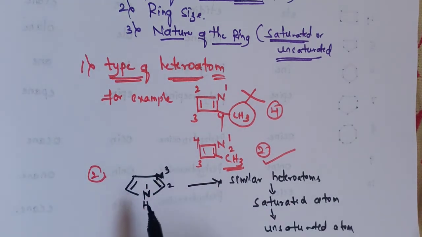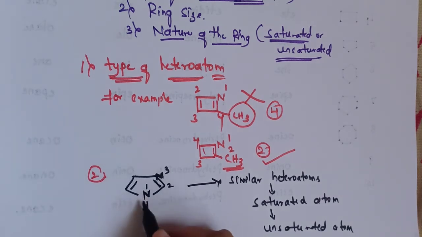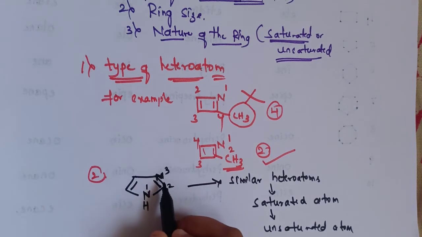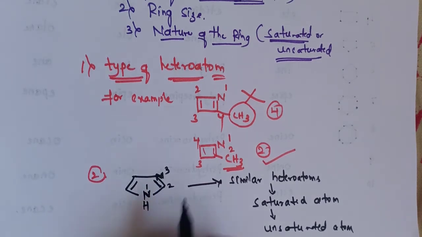Once again I will explain. If similar heteroatoms are present, the saturated atom gets the priority, so it is named 1 here. It is a saturated heteroatom because double bonds are not present very near to it, whereas for this nitrogen double bonds are present along with it. You can see the difference in the structure, so it is given as 1, 2, 3.